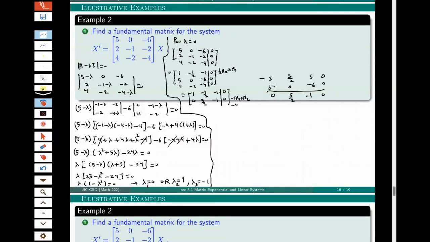And I need here minus 4 row 1 plus row 3. So if we multiply by minus 4, that will be minus 4, 2, 4, 0. We add it with that one, the entire row becomes 0, which is great.